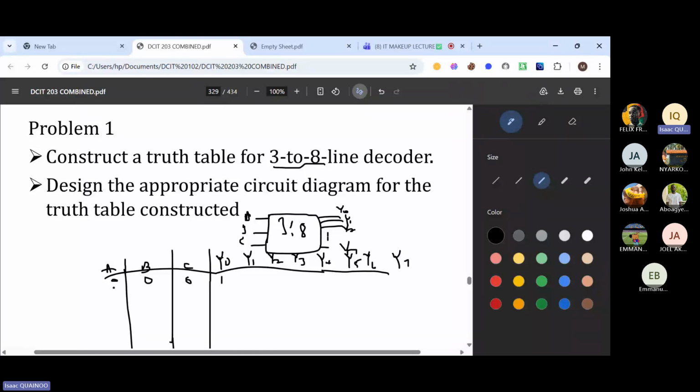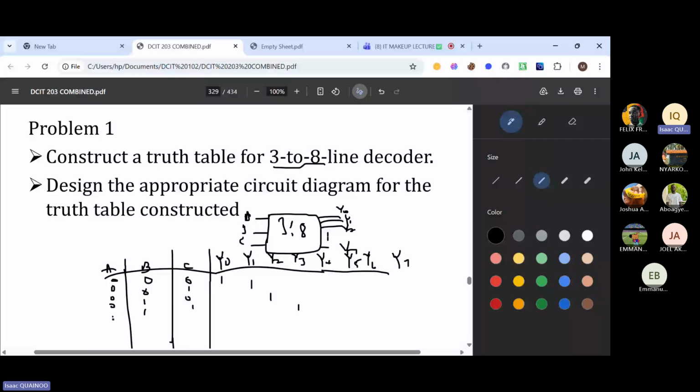So we have 0, 0, 1, that is Y1. We have 0, 1, 0, that's our Y2. We have 0, 1, 1, that's our Y3. Everything else will be 0, that's why I'm not even bringing it.